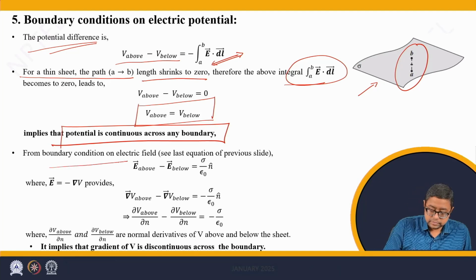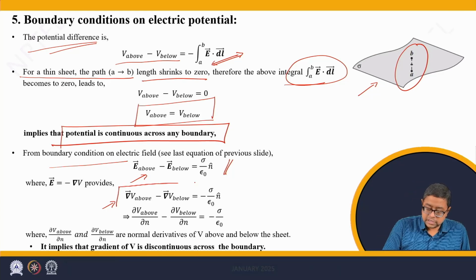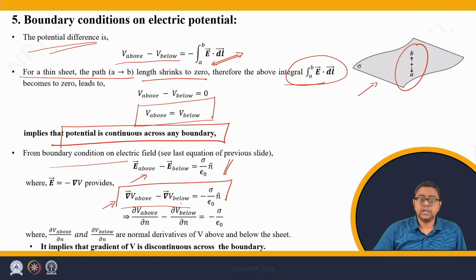Now we consider both boundary conditions on the electric field and the electric potential. The electric field boundary condition and the electric potential boundary condition, when combined, give the potential gradient difference equals minus sigma by epsilon naught.